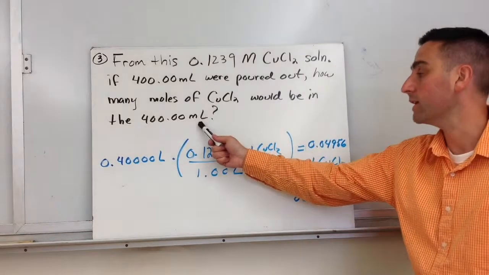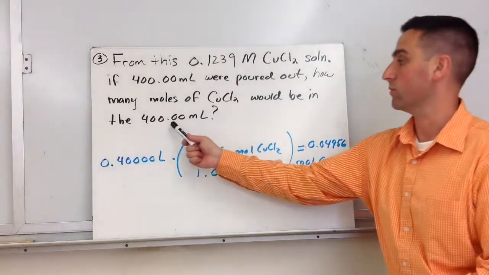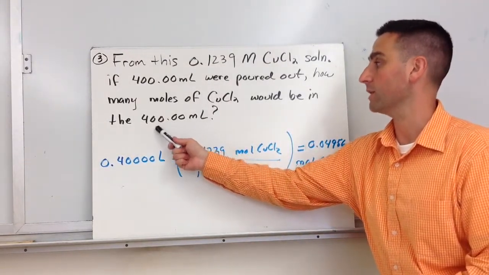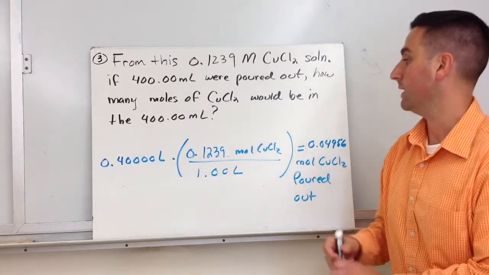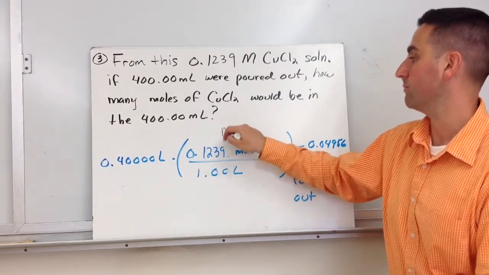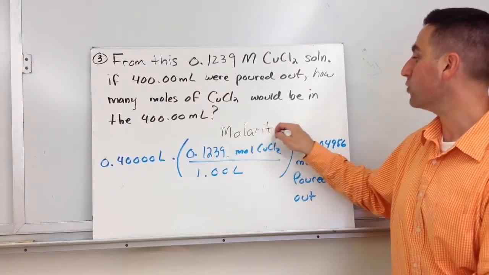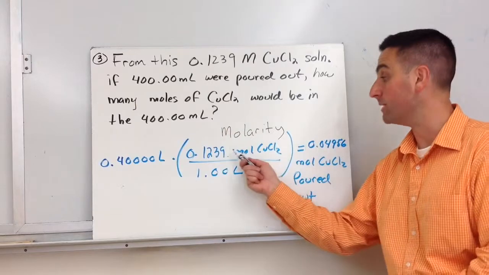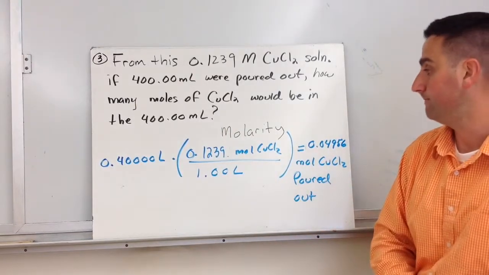So here it is again, they give me milliliters. We want to convert it to liters. So simply move that decimal 3 to the left, and we get 0.4 liters. And I multiply that by my concentration, my molarity. Molarity is super helpful because it tells us how many moles of solute we have for every liter of solution.